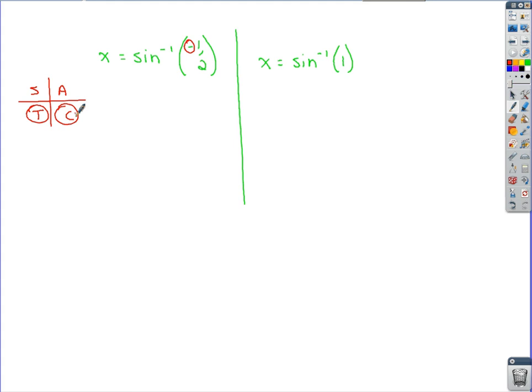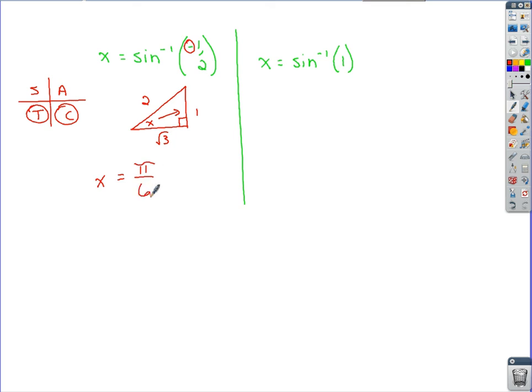I know sine is opposite over hypotenuse, so as I set up my right triangle, and I set up my angle x, the opposite side would be 1, the hypotenuse would be 2. Fill in the other side, that would be root 3, making this a 30-60 right triangle, so since x is opposite 1, x would be 30 degrees, or pi over 6.